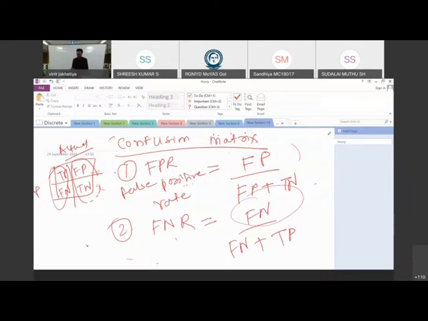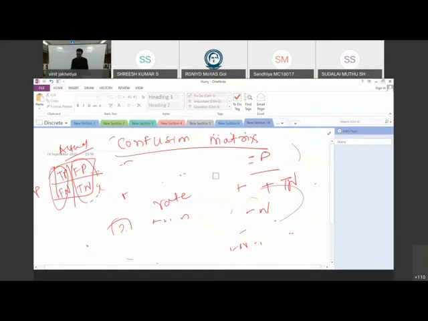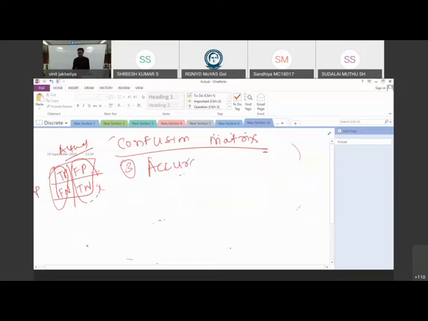Okay. So the third term which I'm going to define is the accuracy. I hope you guys are able to understand this. Accuracy is pretty simple. Accuracy means how much you are classifying correctly out of the total amount of data, right?